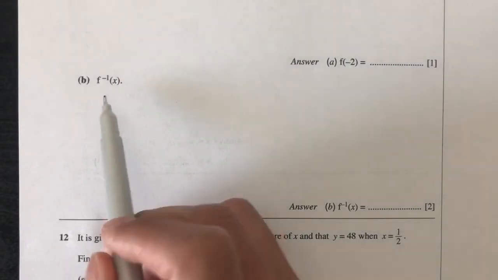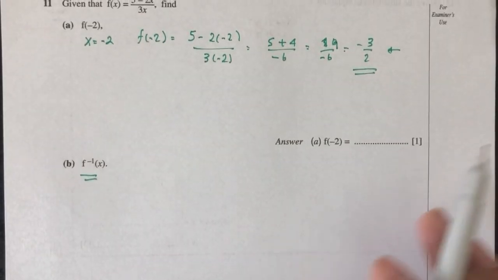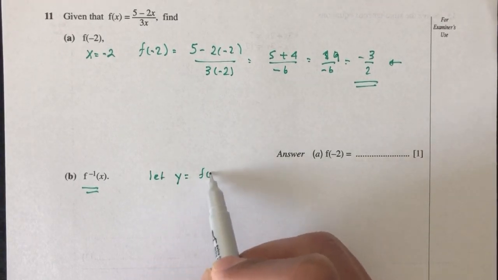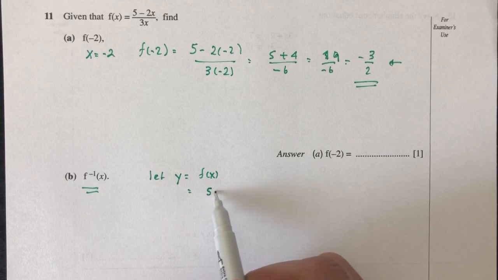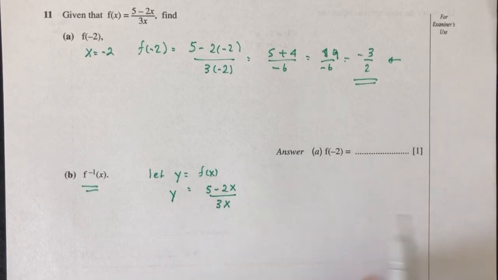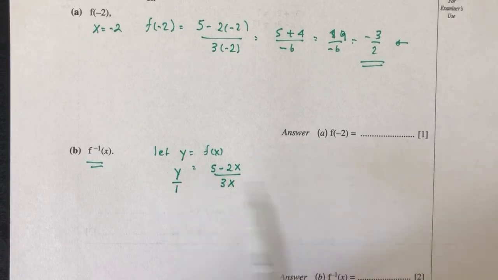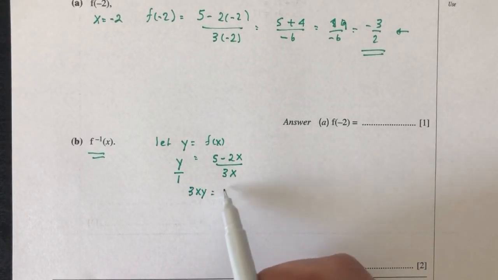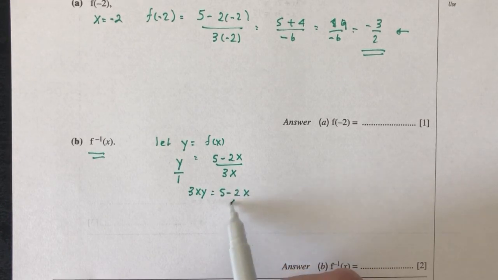Part B. Find the inverse of f of x. The first step is to let y equal to f of x, which is 5 minus 2x over 3x. Now we have to make x the subject of the formula. We have to cross multiply. We have 3xy equal to 5 minus 2x. We send 2x over here.